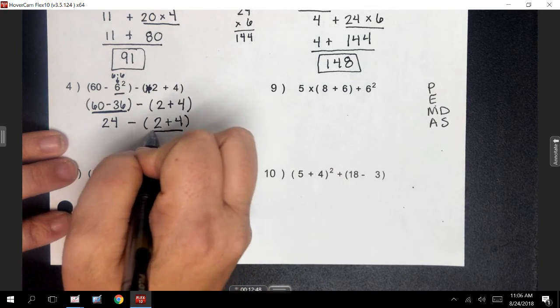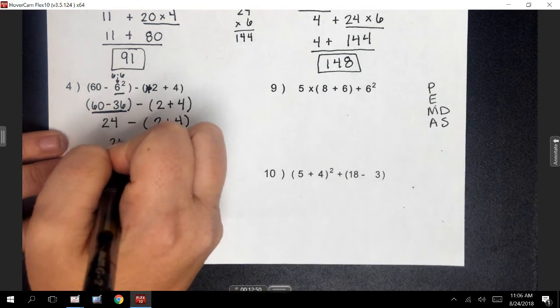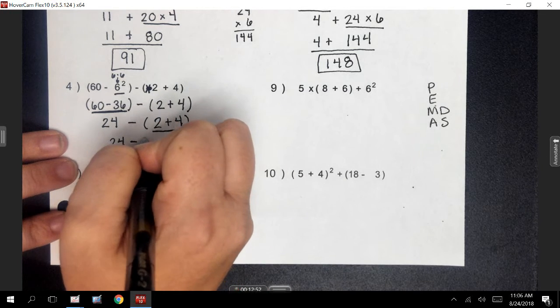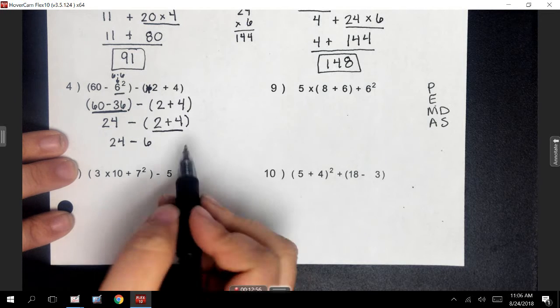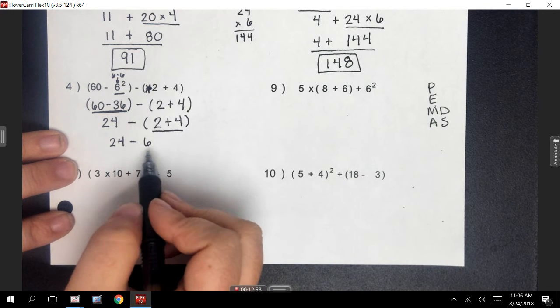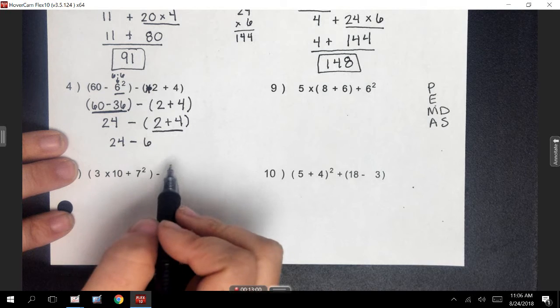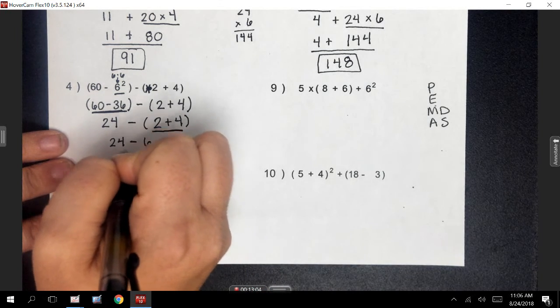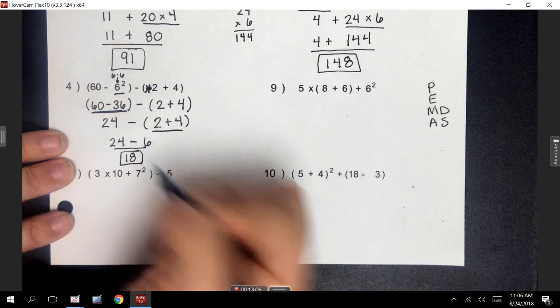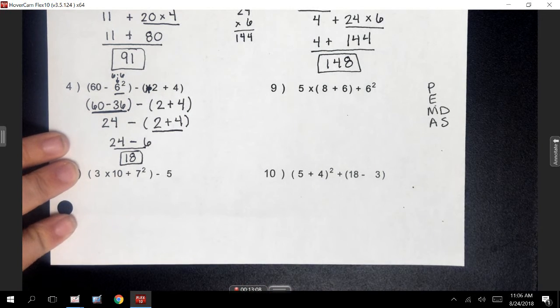So 2 plus 4 is what we're going to do next, which gives me 24 minus 6. All right, since that was the only thing left in those parentheses, I didn't have to bring the parentheses down. All right, 24 minus 6 gives me 18. Okay, we're doing that one step at a time.